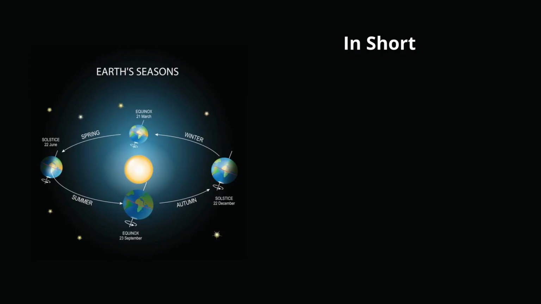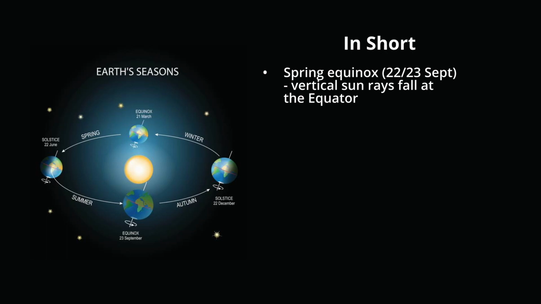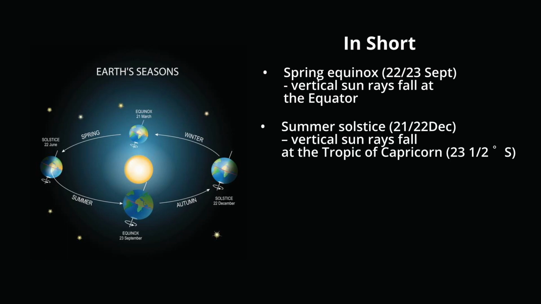In conclusion, a short summary would be: the spring equinox, 22nd to 23rd September, the vertical rays of the sun fall directly on the equator. The summer solstice, 21st to 22nd December, the vertical rays of the sun fall at the Tropic of Capricorn, which is 23.5 degrees south.